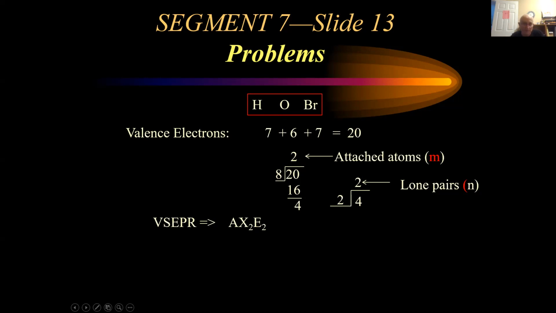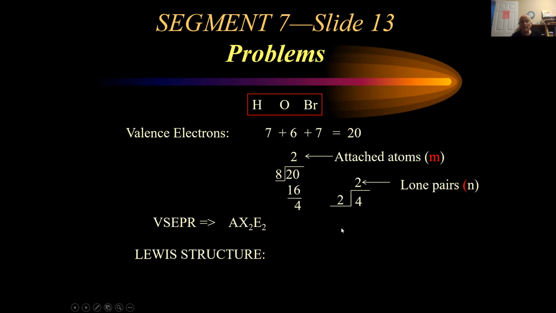So I don't have to memorize a shape for HOBr and then a different shape for some other 20 electron molecule. I'm just going to put the 2 atoms in here, whatever they are, and then it's going to have 2 electron pairs, and I'll put the central atom, whatever it is, right there.